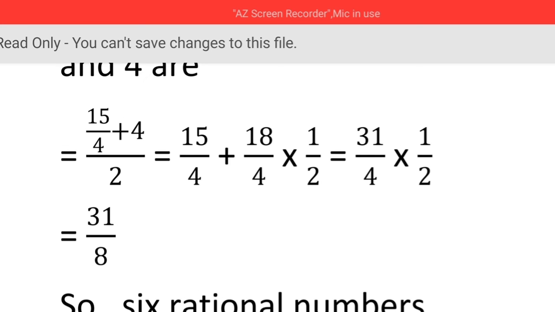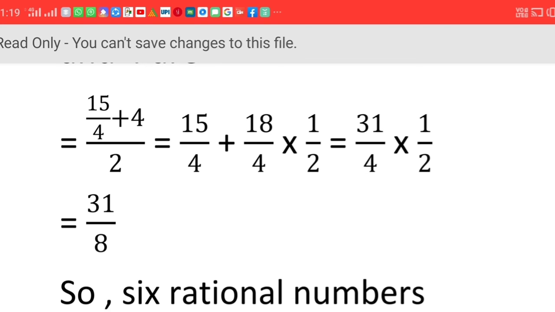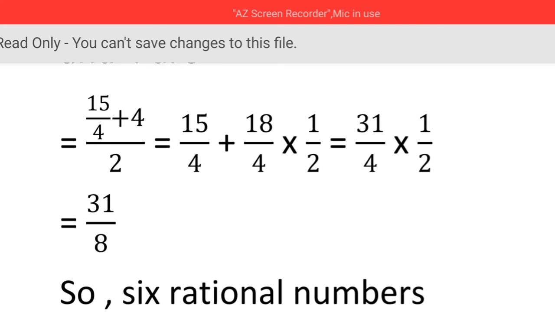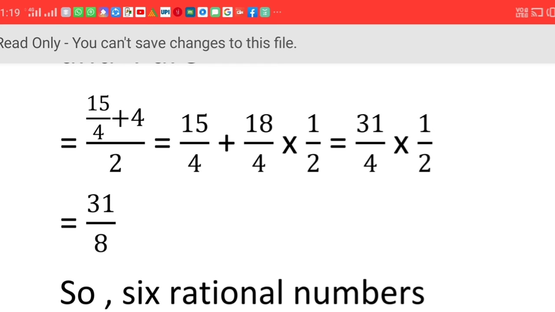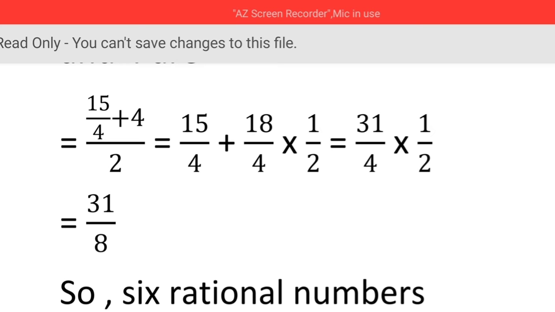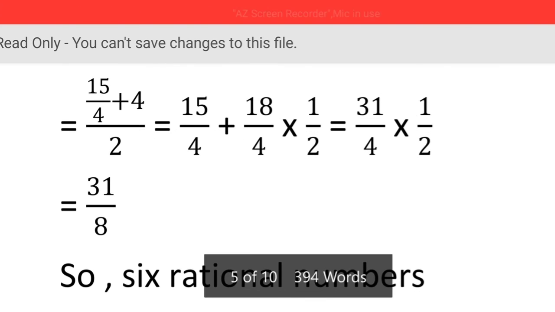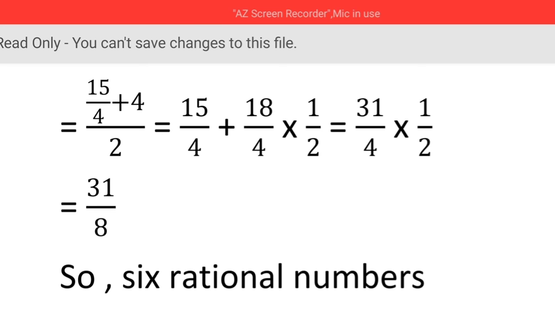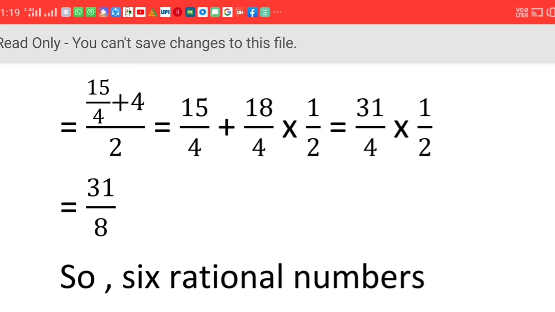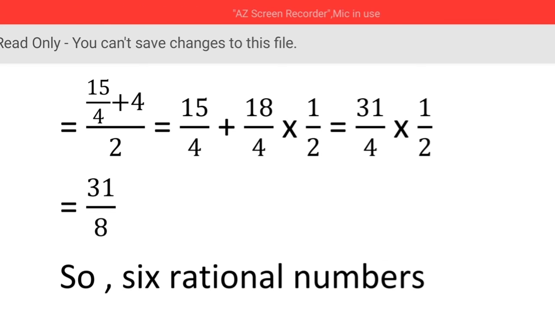Next one is we want to change the 4 as a number with the denominator 4. Here I wrote 18, but there is a mistake only. You will write 16 by 4. Okay, 16 by 4. Here 18 not 16, it was a mistake only. So you will write 16 by 4 into 1 by 2.